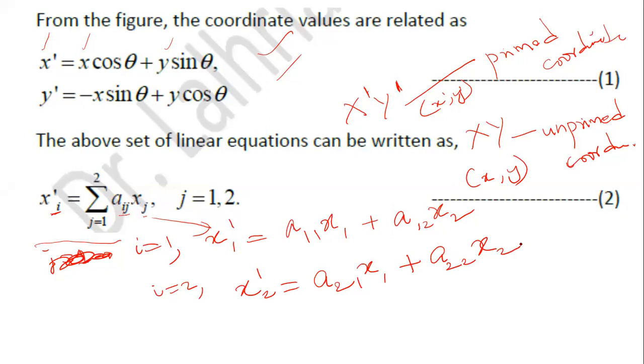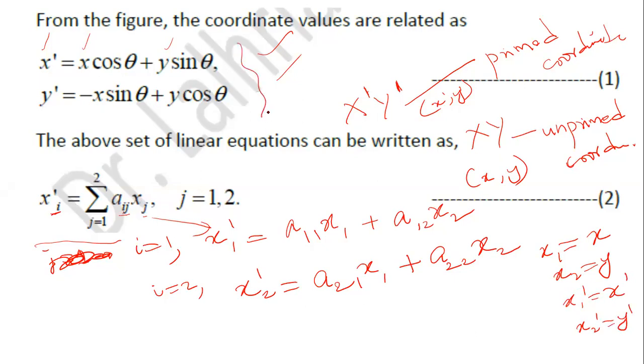And in our new notation using indices, x1 is simply equal to x, x2 is simply equal to y, and your x1 prime is simply x prime, your x2 prime is simply your y prime.